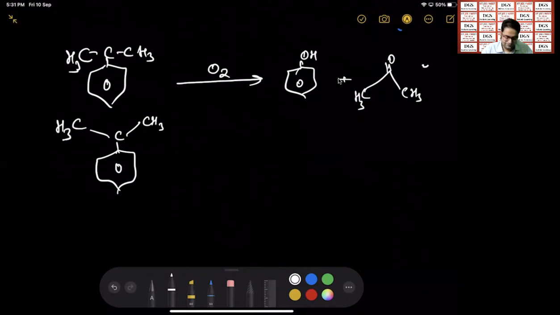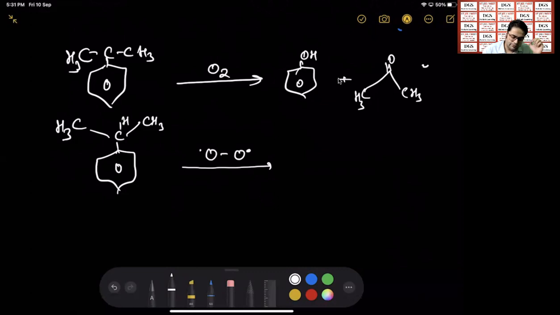This is our cumene. Now, my dear students, at a slightly elevated temperature, the oxygen will behave as this. And this will work as a free radical initiator for the continuation of the process. We can use some other free radical initiator.